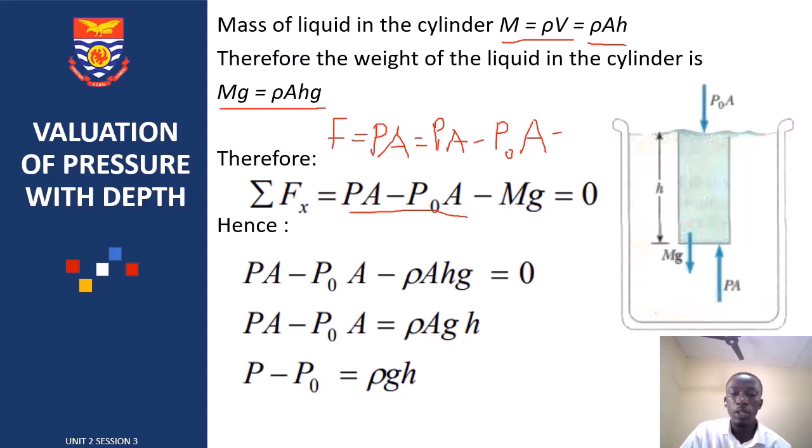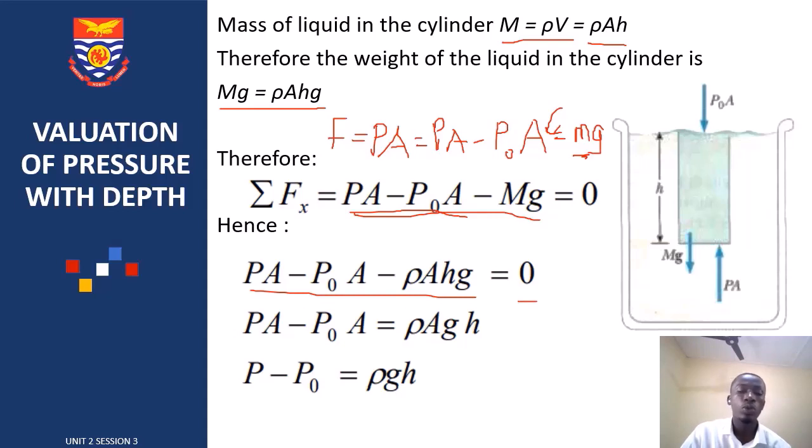Also, we know that force is equal to ma, which we can represent by mg, where acceleration is now the acceleration due to gravity. When we move this expression to this side of the equation, we get this whole term written here. And now we know that our mg is density times area times height times acceleration due to gravity. Hence, we get this whole expression, which is equated to 0.